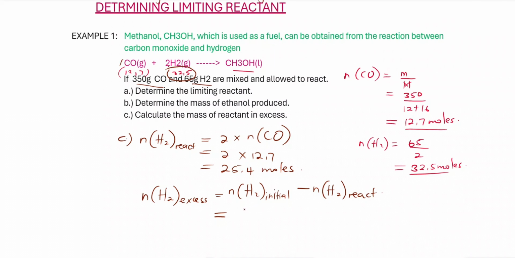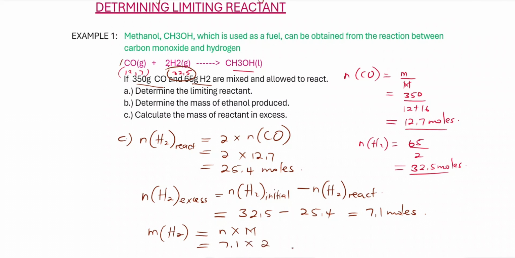So our initial, which is 32,5 minus 25,4. This is going to give us 7,1 moles. We now want to calculate the mass of hydrogen in these 7,1 moles. This is the number of moles times the molar mass. Number of moles, which is 7,1, times the molar mass of hydrogen, which is 2. This is going to give us 14,2 grams.